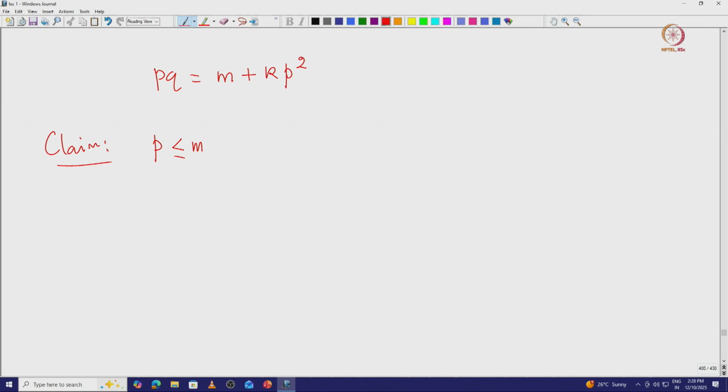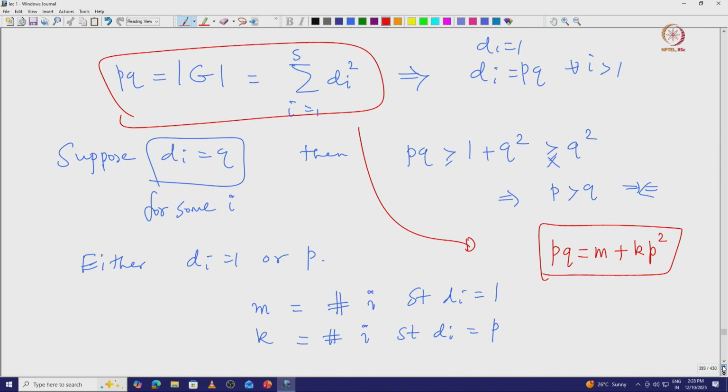We know that the number of degree 1 representations is exactly going to be the cardinality of G divided by the cardinality of the commutator. So, this m is the cardinality of G divided by the cardinality of the commutator, which divides pq.